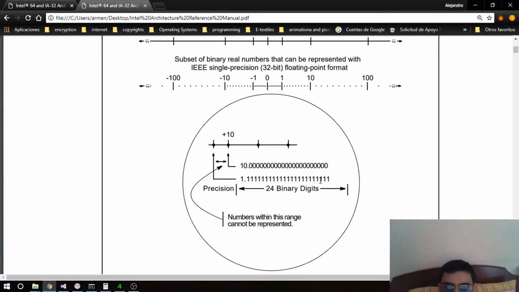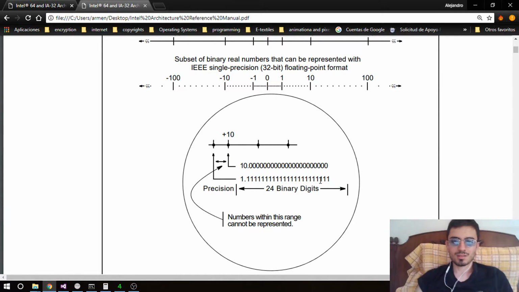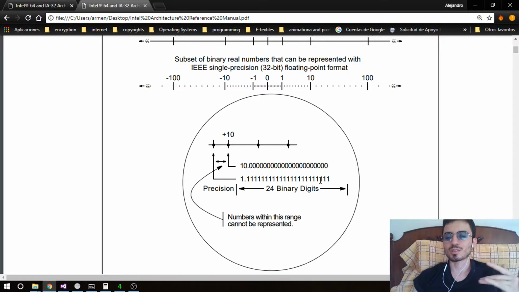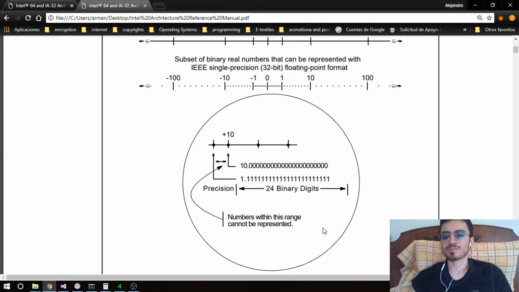If you have 24 binary digits to express this thing, and then you want to go to the next binary number, which is 2, you're going from 1 to 2, and the biggest representable significand, how do you call this.